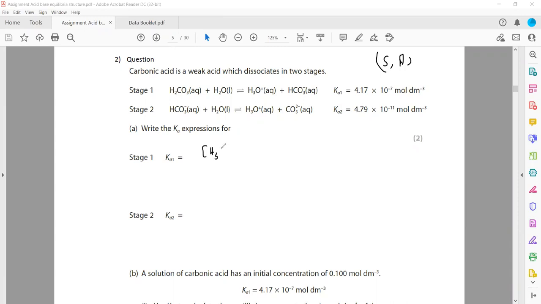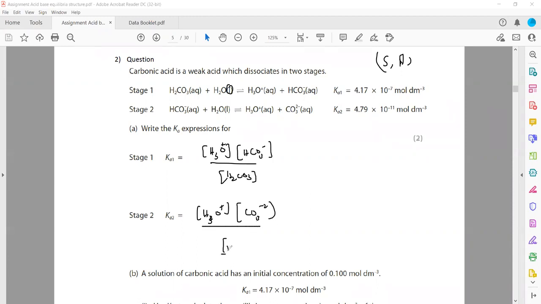So we write H2CO3, and no need to include water because water is in a liquid state and its concentration does not change. So we write HCO3. This is the expression for dissociation for the first stage as well as for the second.